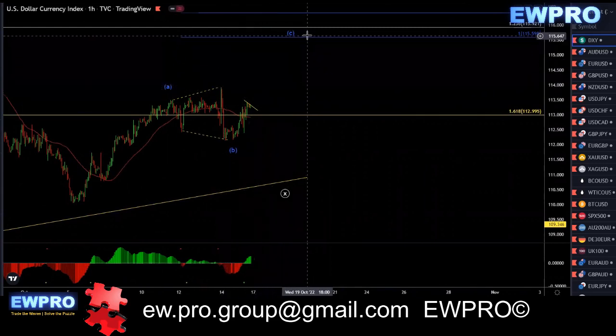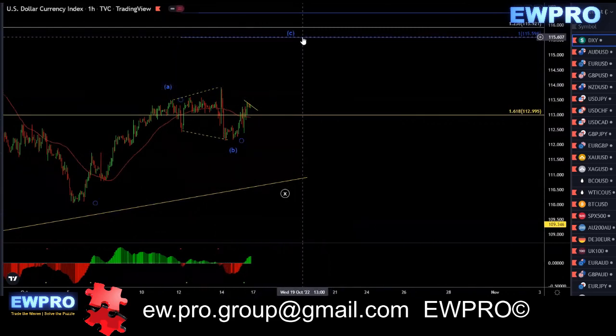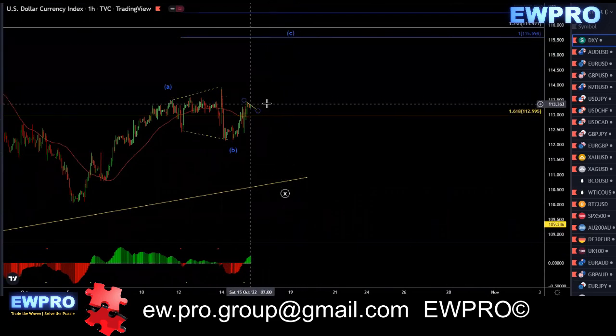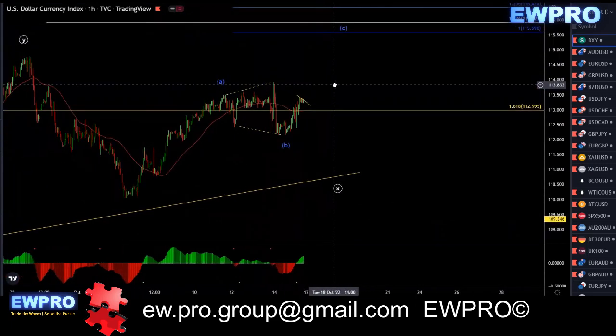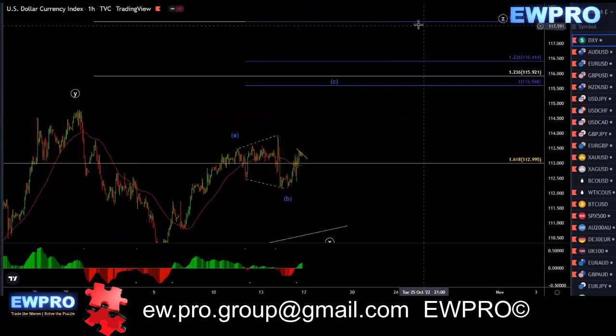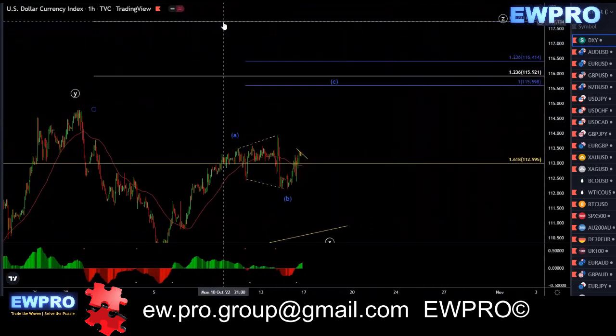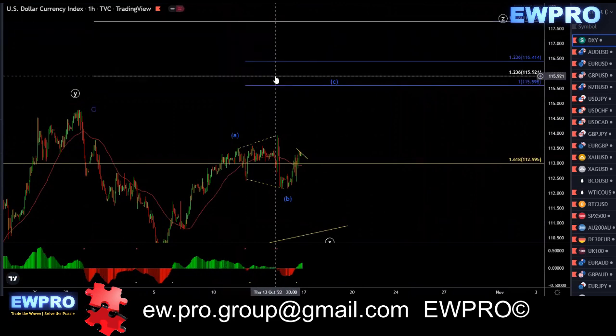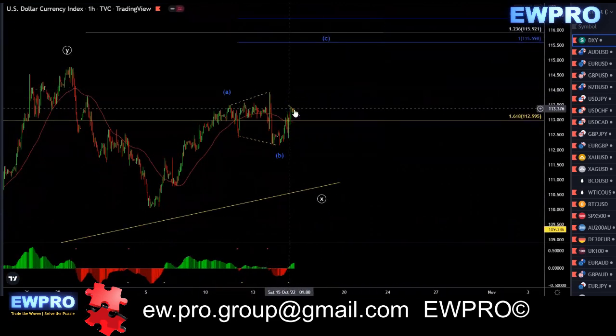It may get to this 100 fib. Your ultimate target is that 100 fib, but you're really only scalping if you're buying at this stage. You may get lucky and it may go up to the wave Z target, this 161.8 here and the 123.6.